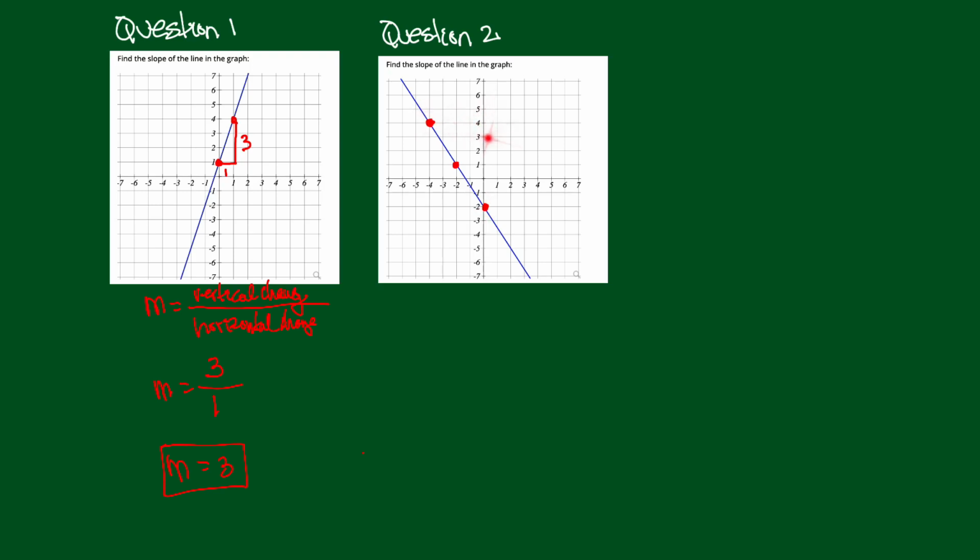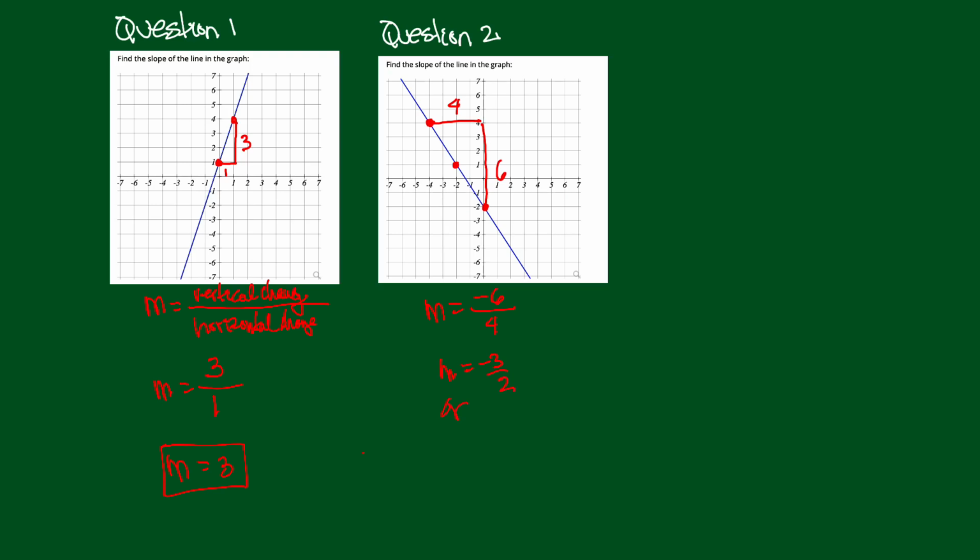Now, if I count over, actually this will be good. If I count over and down, what am I counting over? I'm counting over 4 to the right, so there's 4 there, and then I would count down 4, 5, 6. So if I look at the slope this way, the slope would be, okay, vertical change over horizontal change, down 6 over 4, and that turns out to be -3/2.